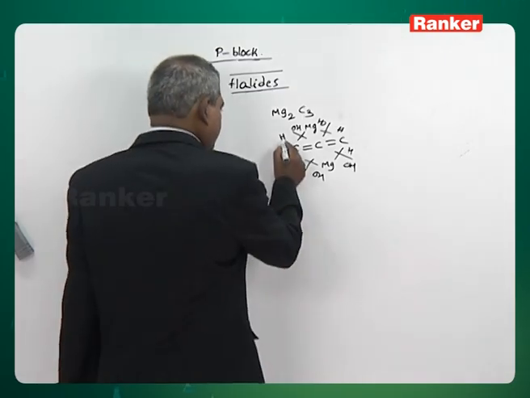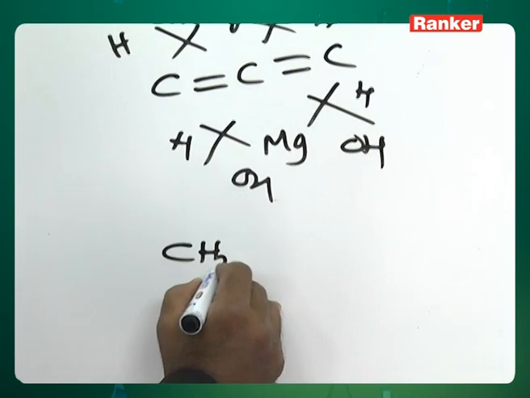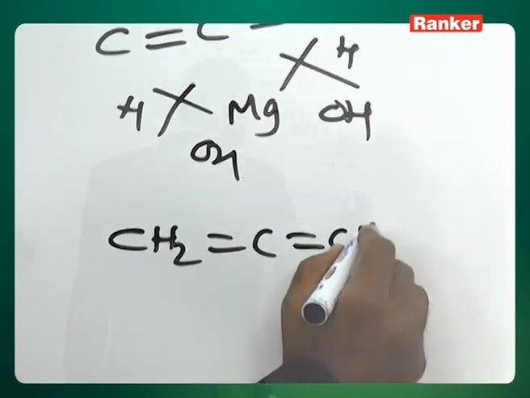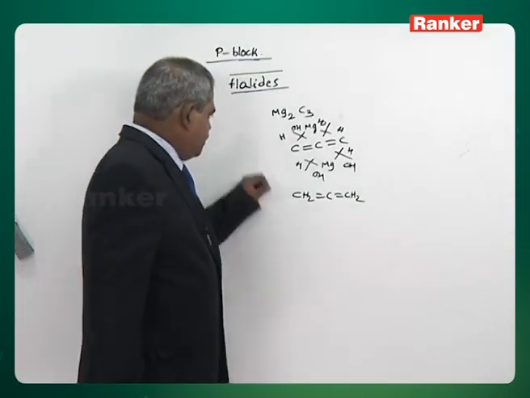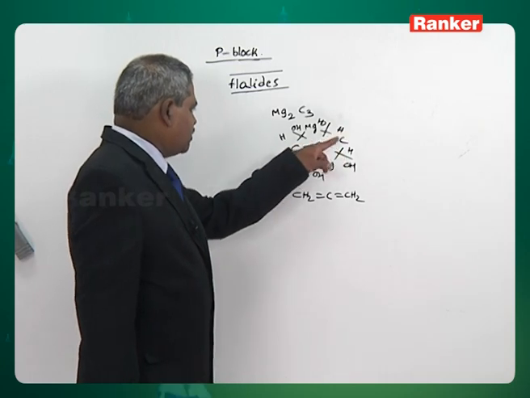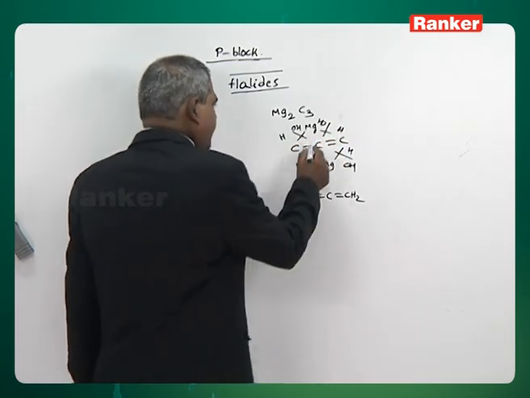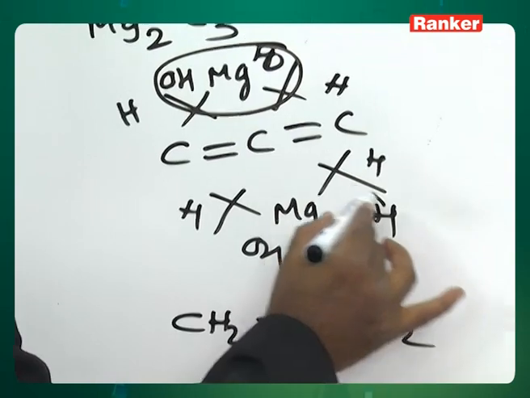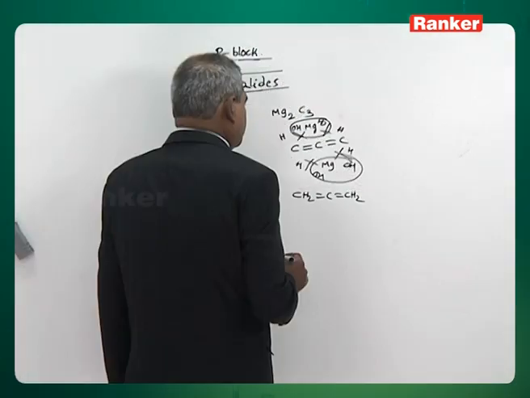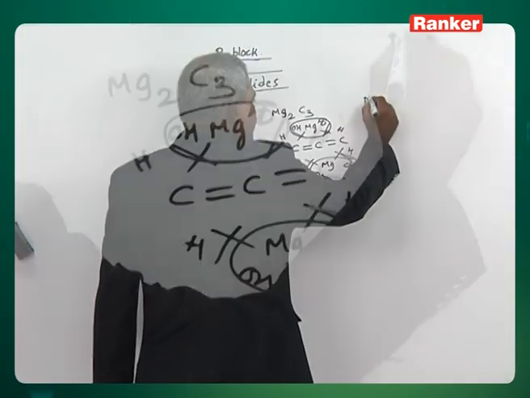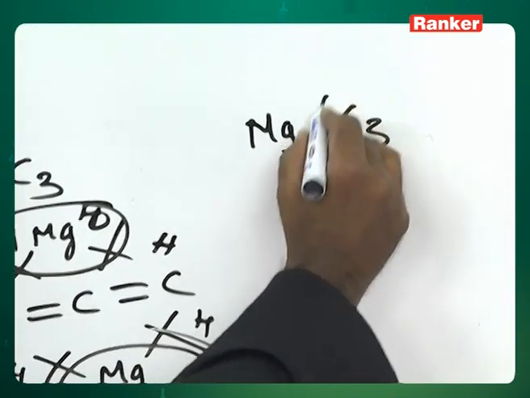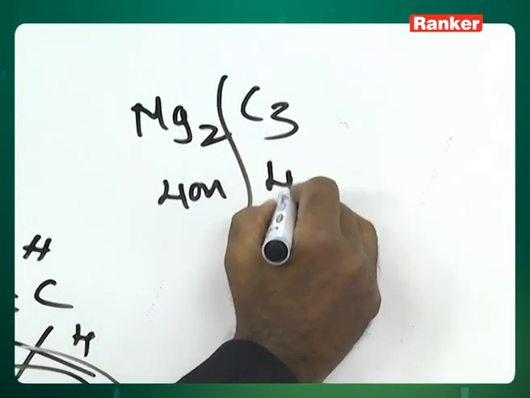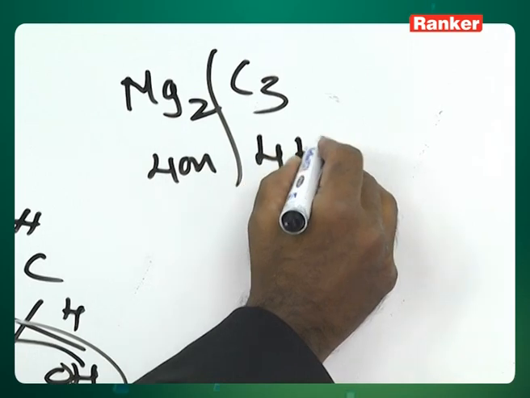You end up getting CH2 double bond C double bond CH2. You collect the pieces, CH2 double bond C double bond CH2, and of course magnesium hydroxide, Mg(OH) twice. So if you simply hydrolyze Mg2C3, break the bond, 4H, 4OH.